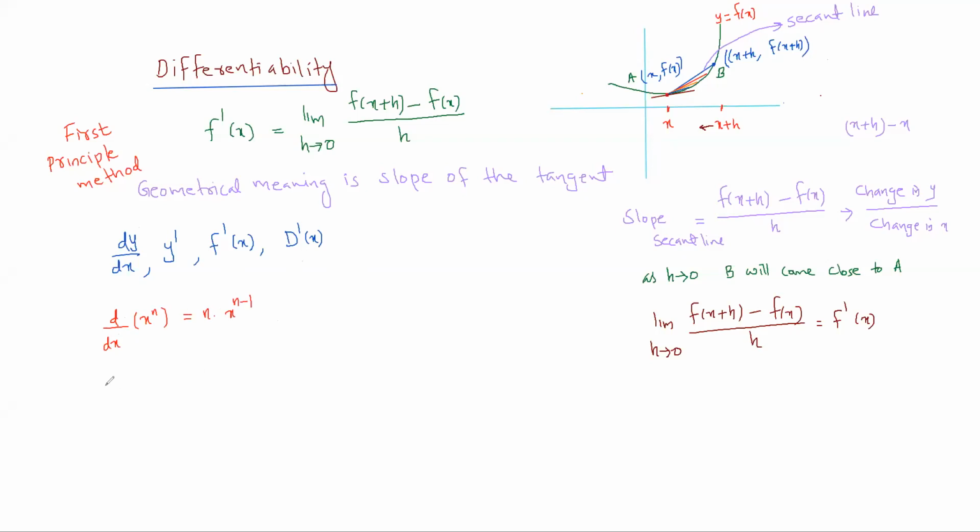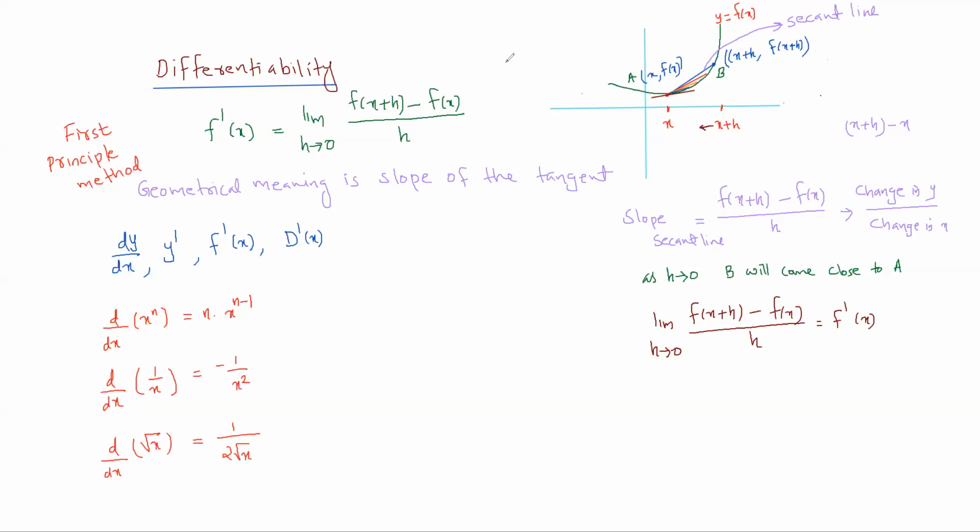Then इसमें से हमें extra result मिला था: derivative of 1 by x is equal to minus 1 by x square. Derivative of root x is, x to the power 1 by 2, then वो formula apply करेंगे तो आपको मिलेगा 1 by 2 root x. These are all standard results.